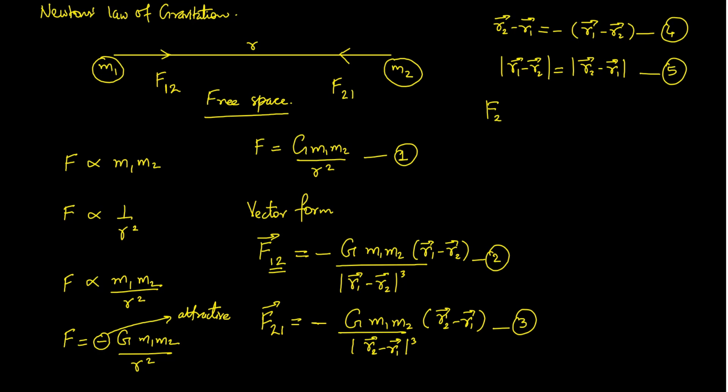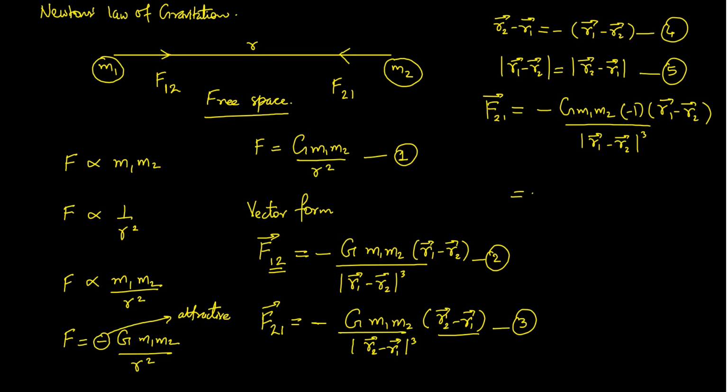From the third equation I write minus G m1 m2 as it is. Instead of the vector r2 minus r1, I write minus of (r1 minus r2) vector, and instead of the modulus of (r2 minus r1) cube, I write the modulus of (r1 minus r2) cube.